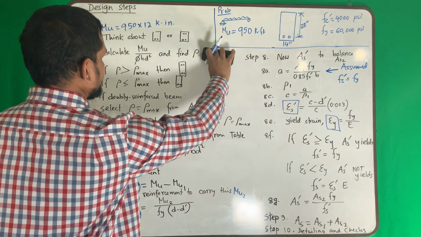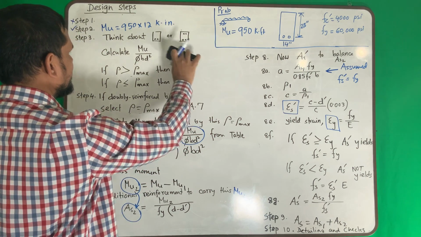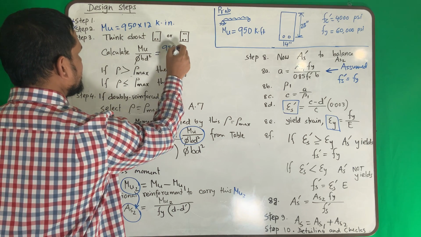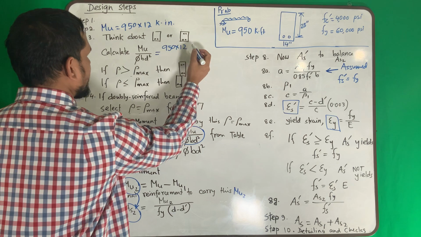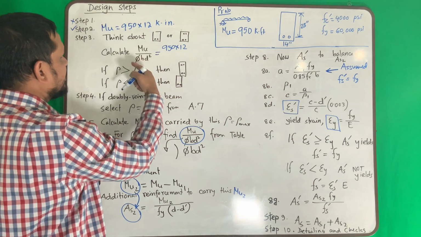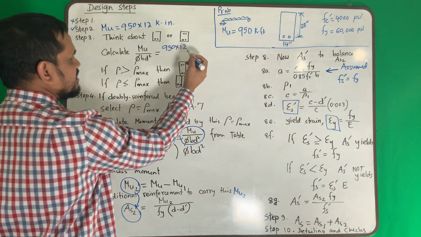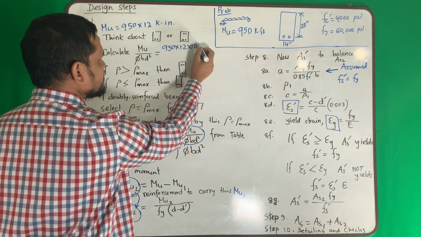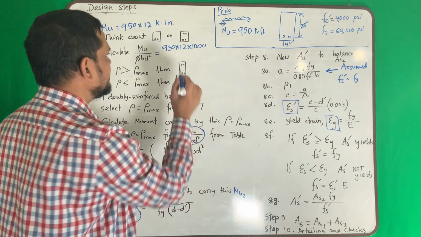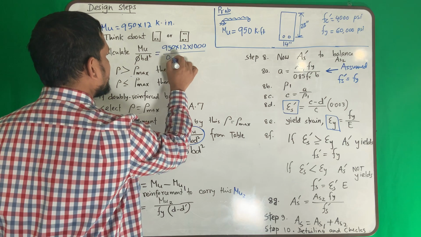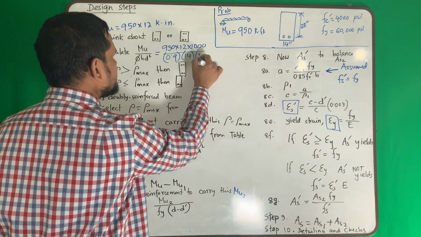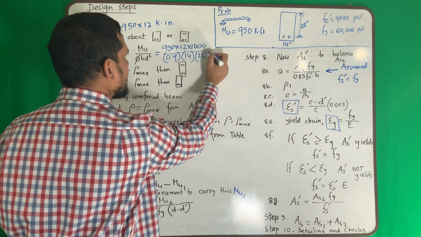Okay, so let us calculate this portion first. What is Mu? Mu is 950 times 12. It is in kip-inch, but in your table they use pound-inch units. So I have to multiply by 1000 also. Divide by 0.9, and then b is 14, d is 28 square.